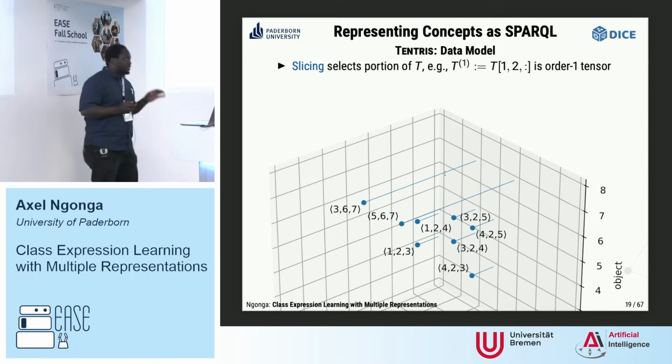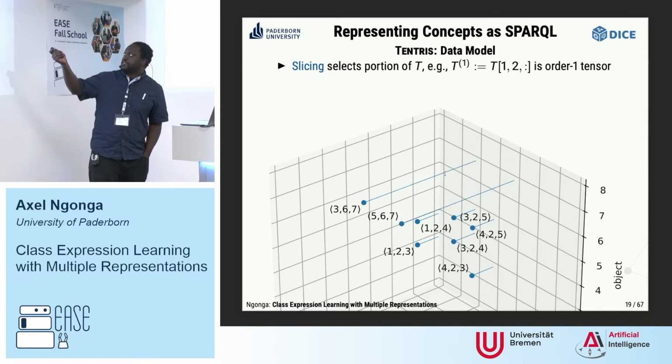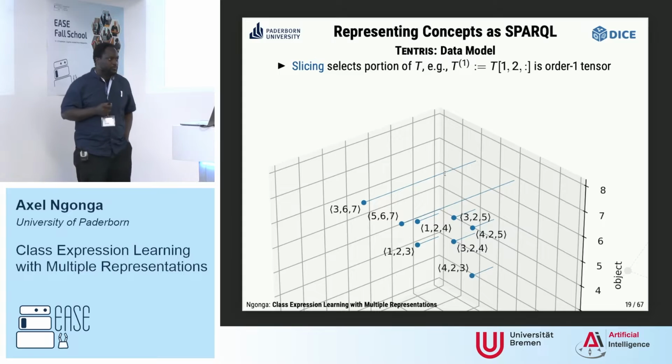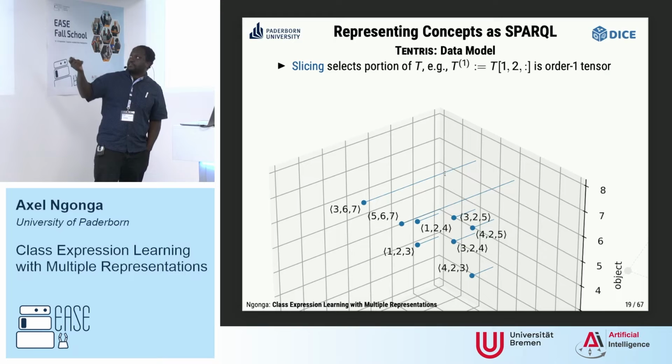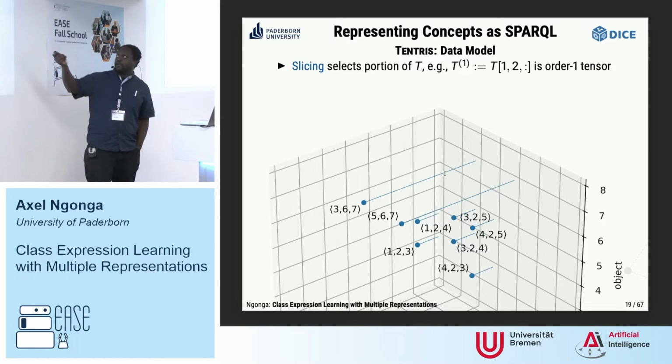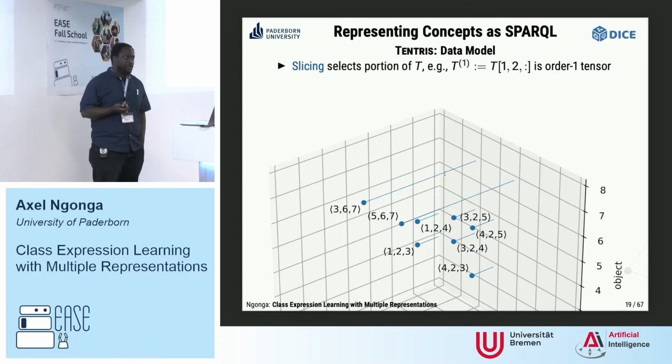Okay. On this tensor defined this way, we can define a slicing operator. And what slicing does is really to select portions of T. So if I write T of 1, 2, column, so the slicing operator is basically denoted using a colon, what I really mean is an order 1 tensor where the first and second entry with respect to the original tensor are bound to the entries which you find at 1 and 2.